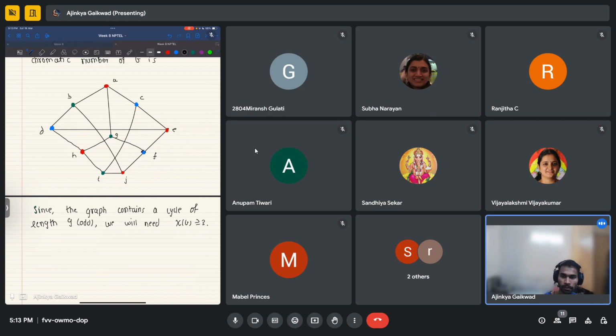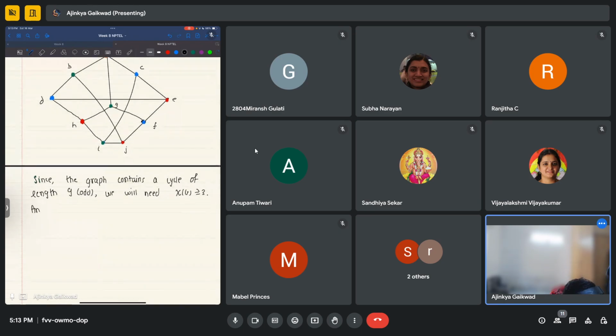I'm denoting the chromatic number by chi of G. And since there's an odd cycle, this is at least 3. And we have colored the graph with three colors. Therefore, it implies that chi of G is equal to 3.